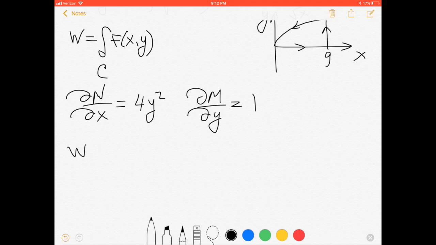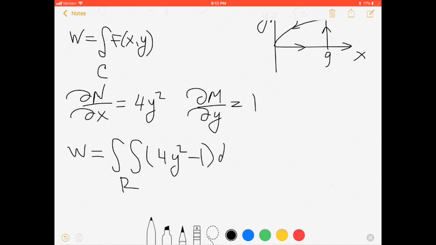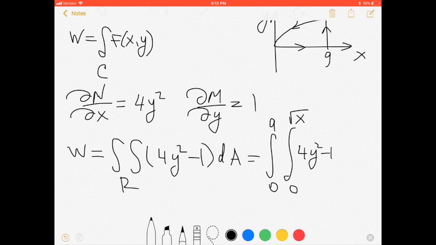And this means my work will be the double integral over region R of 4y squared minus 1 dA, which gives me x changing from 0 to 9, y changing from 0 to square root of x. Here we have 4y squared minus 1 dy dx.